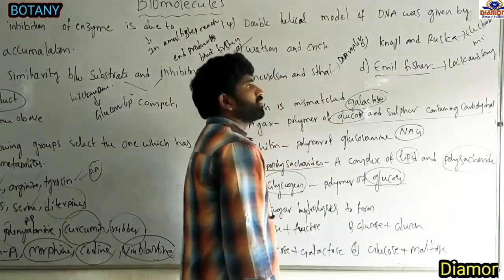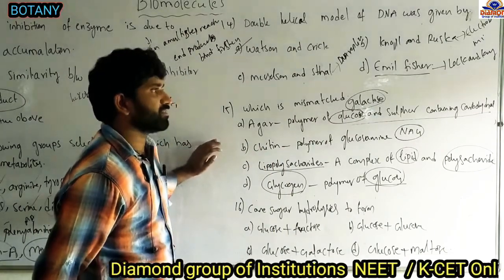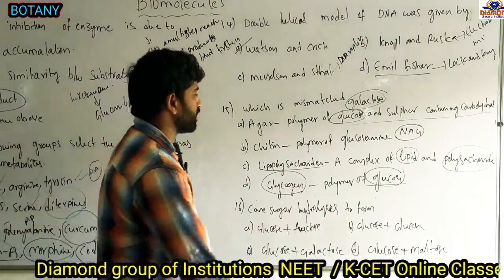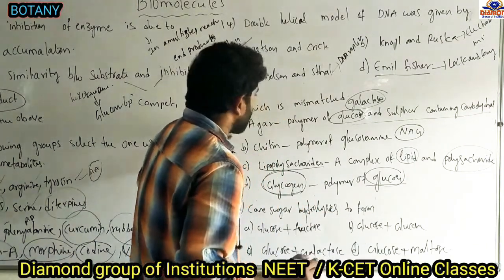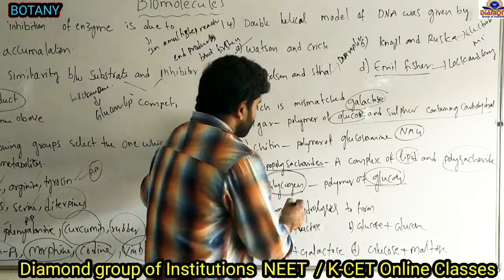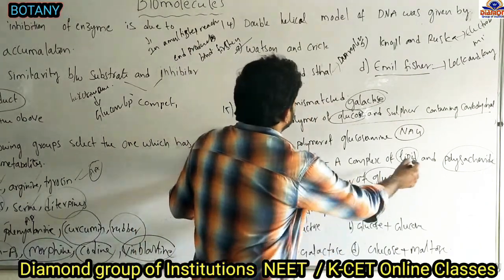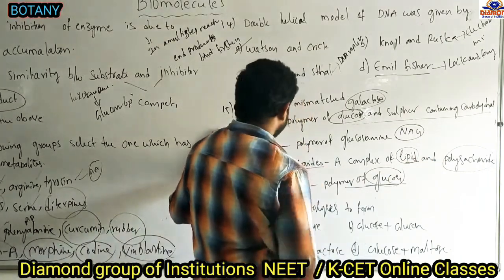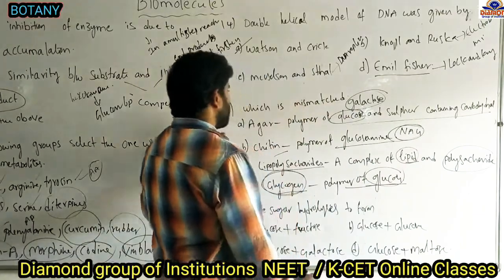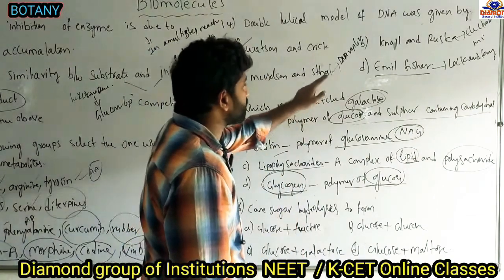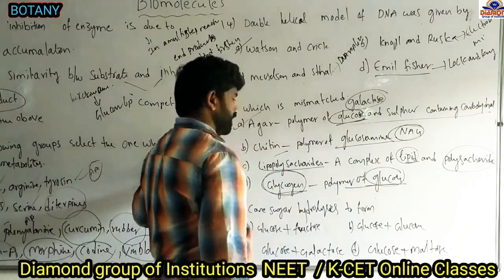Many glucose molecules are connected together with glycosidic bonds with 1,4 linkage. So out of the four options, glycogen is a polymer of glucose. Lipopolysaccharides are complexes of lipids and polysaccharides. Chitin is a cell wall made up of N-acetyl glucosamine. And agar is a polymer of galactose, but they have given glucose. So the mismatched option is A.